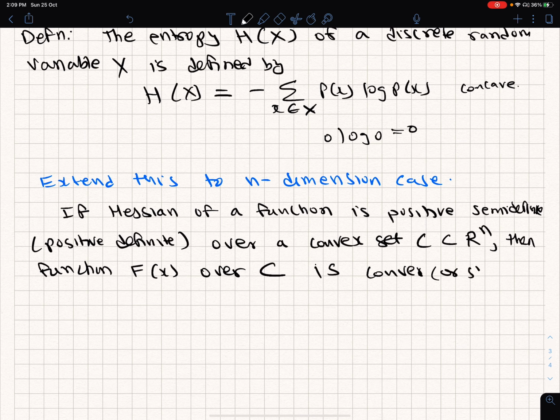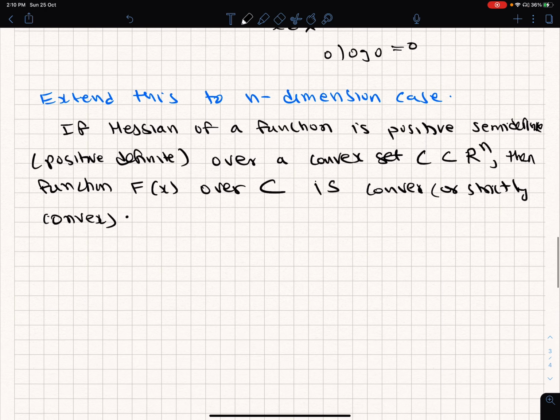Alternatively, if the second derivative matrix is positive definite, then the function will become strictly convex.